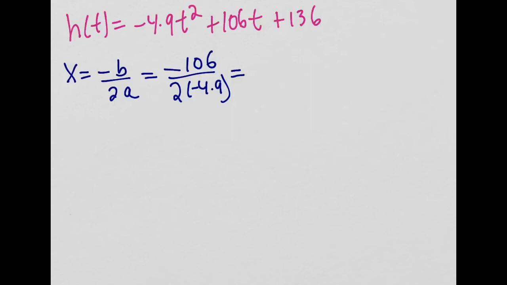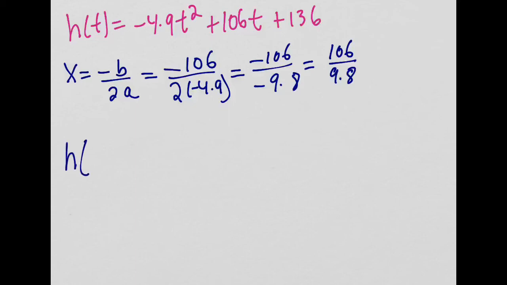We're going to divide it, and we're getting a decimal, so I'm just going to keep it as this. Positive, because a negative divided by a negative is positive. Now we need to substitute that into our formula to find the y value.